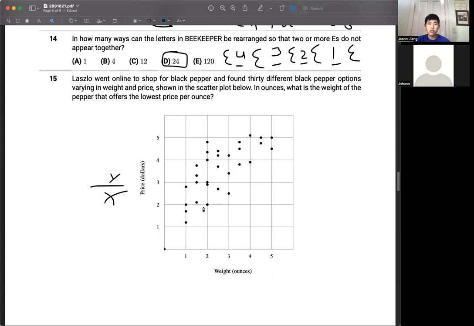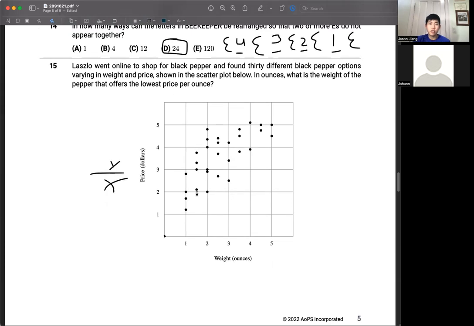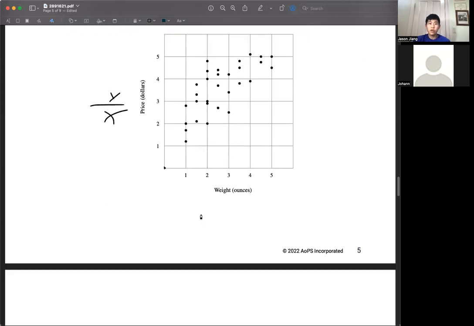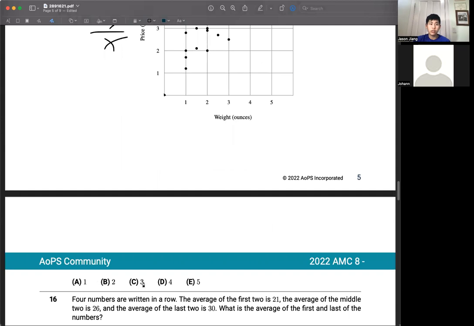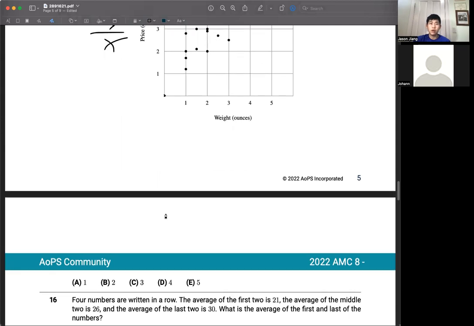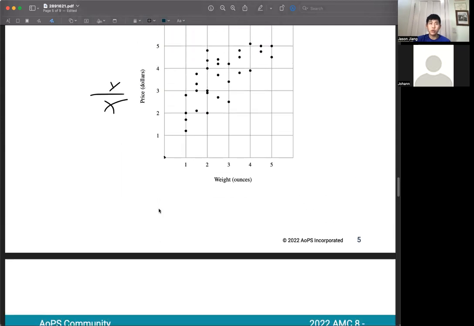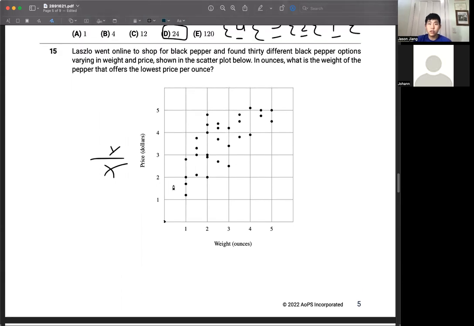So we're really only considering the lowest dot in each category. And in fact, you see these ones that are in the middle, we could actually ignore those because the answer choices don't give us any weights that are not integers. So we only need to look at the ones that are integers.